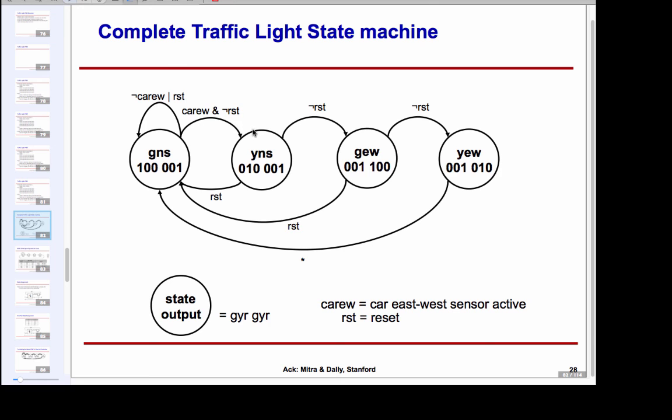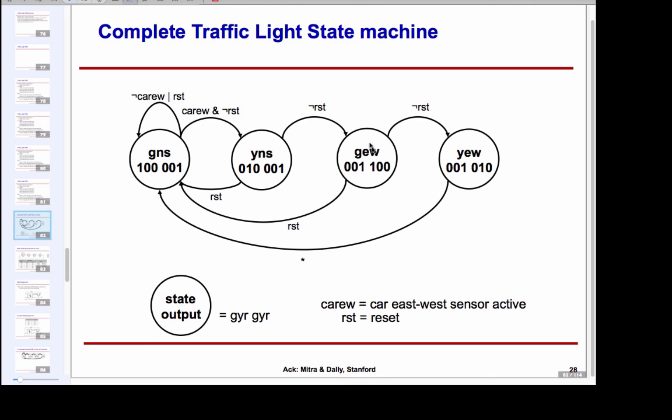But if on the other hand there's no car on the east-west, or I am asserting a reset, I stay put. If I'm in yellow north-south, then if it is not reset, I move on to turning the east-west light green.